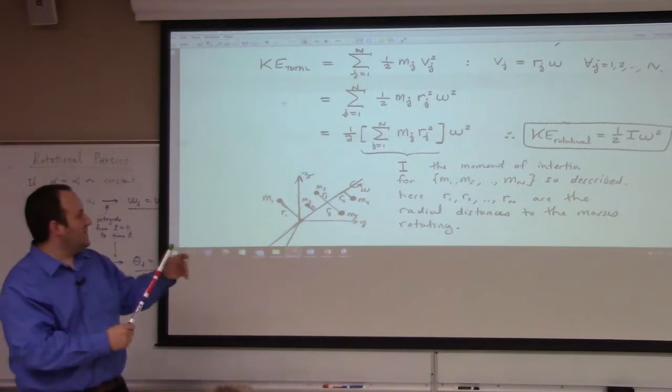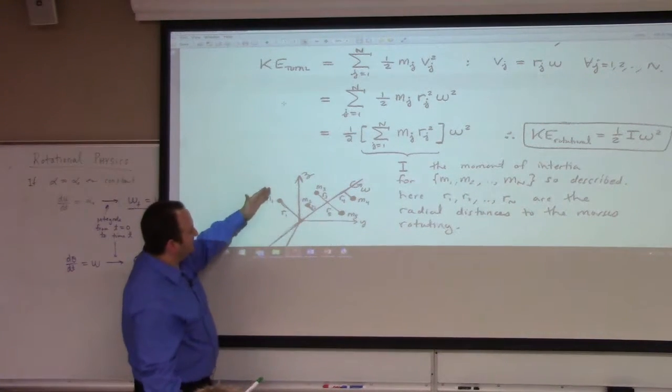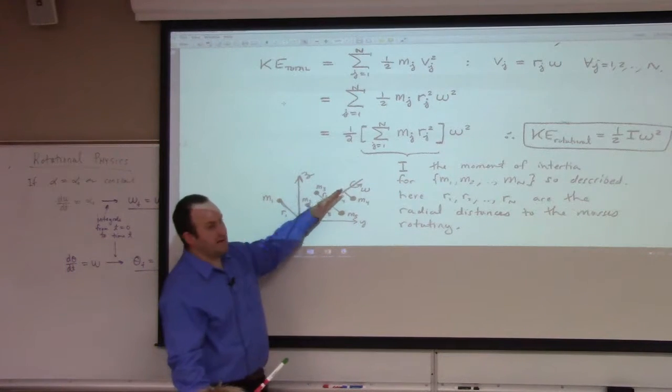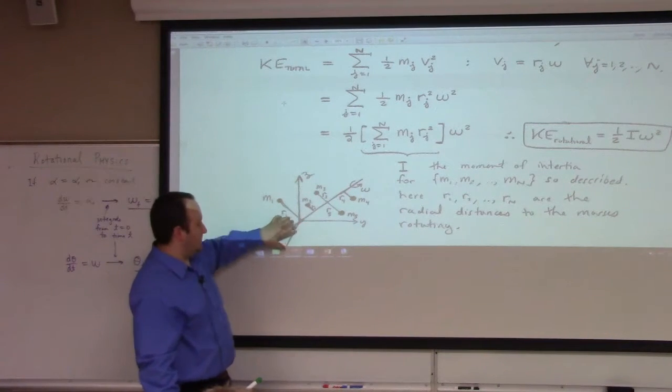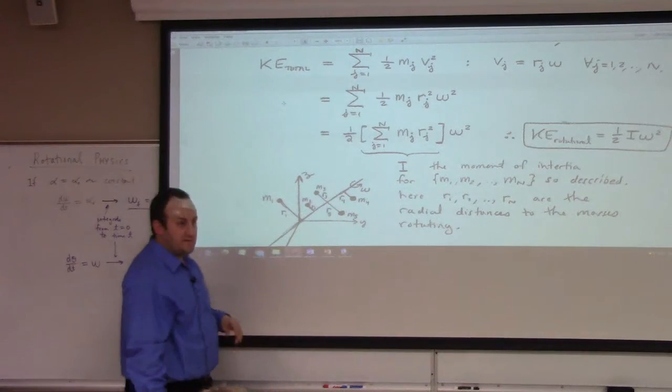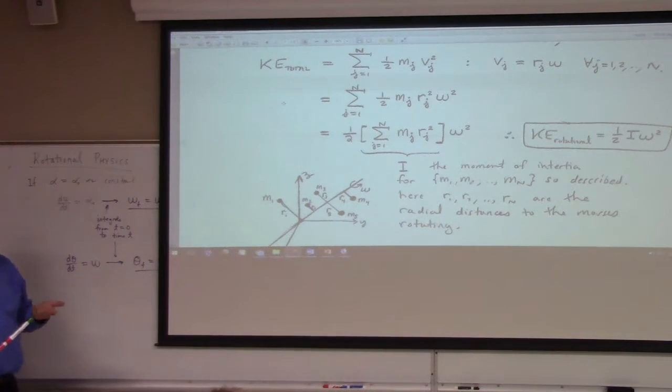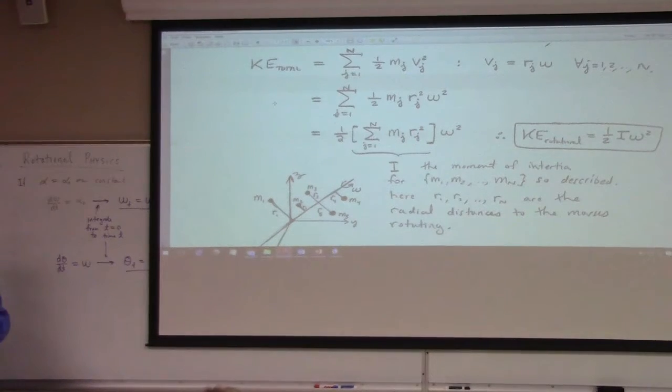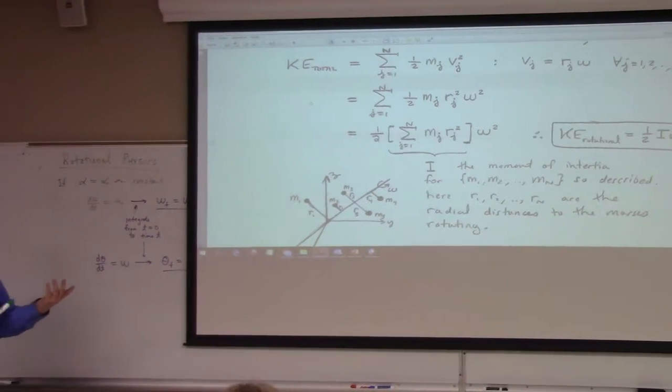So all of the masses are rigidly affixed a certain distance from the rotation axis, and it's rotating around that axis. The question is, what's the kinetic energy of such a system? All the kinetic energy is coming from the masses. There's no mass anywhere else. What's the formula for such a thing?